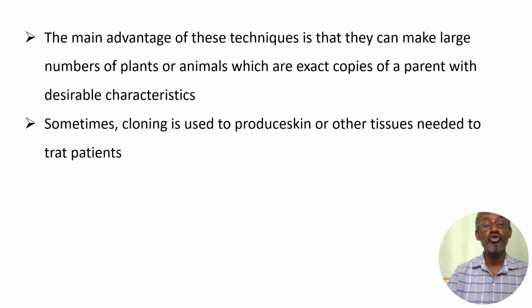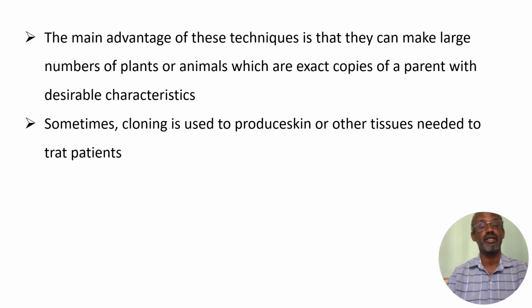Sometimes cloning is used to produce skin or other tissues needed to treat patients in hospitals. You can take stem cells, stimulate them to reproduce, and they will give you the organ, skin.